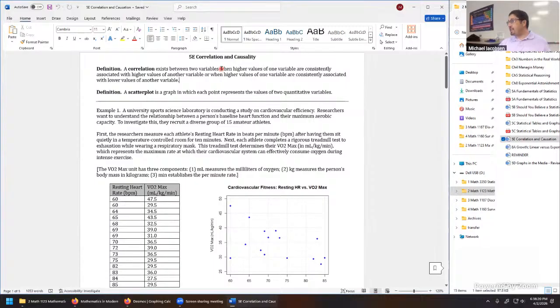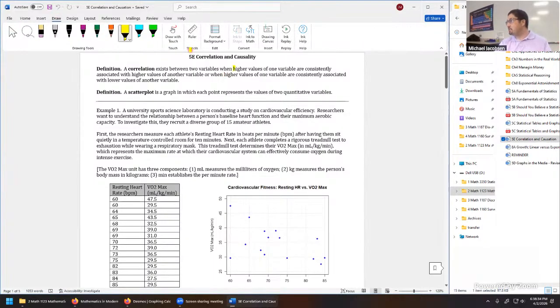And notice it keeps on saying higher values of one variable in both cases. When it mentions correlation, it says in both cases here, higher values of one variable associated with either lower values or higher values of the other variable.